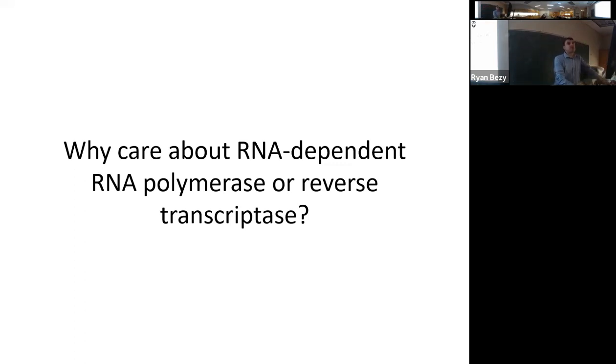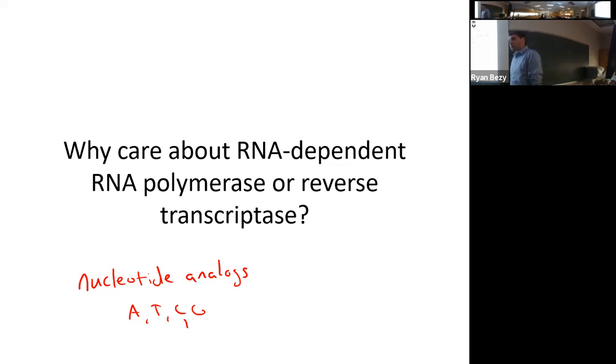By the way, there's several different drugs that target reverse transcriptase, but just to give you an example of a grouping of one, there's what is called nucleotide analogs. They look like A, T, C, or G. Nucleotide analogs look like the nucleotides, adenosine, thymine, cytosine, guanine, for instance.